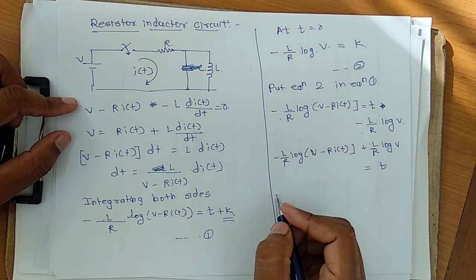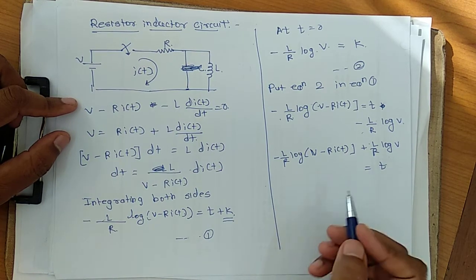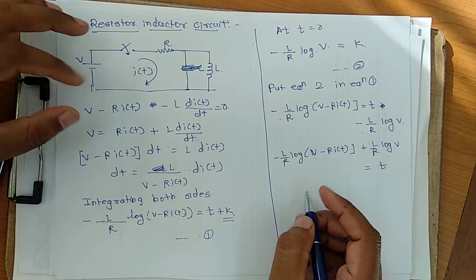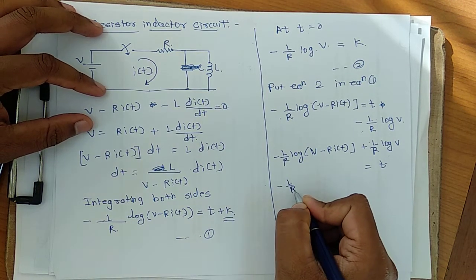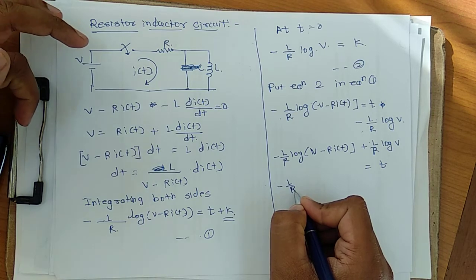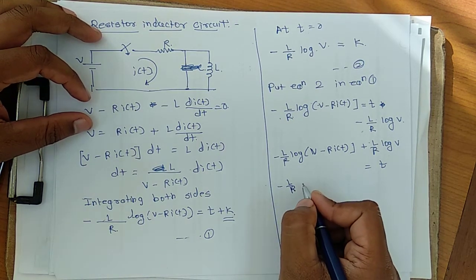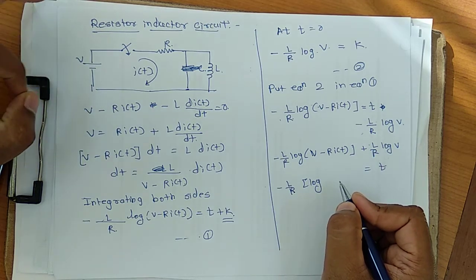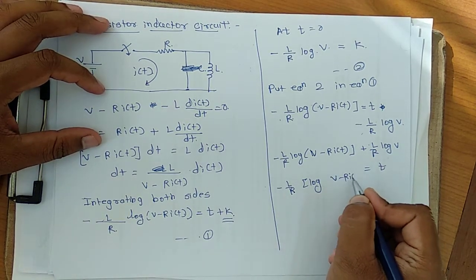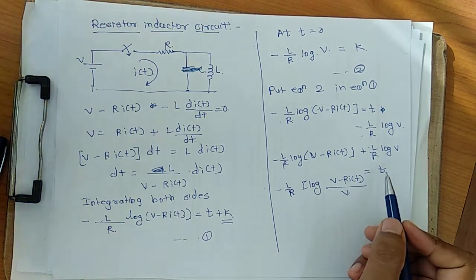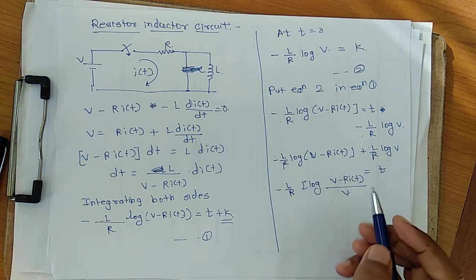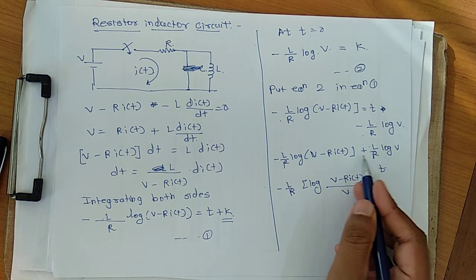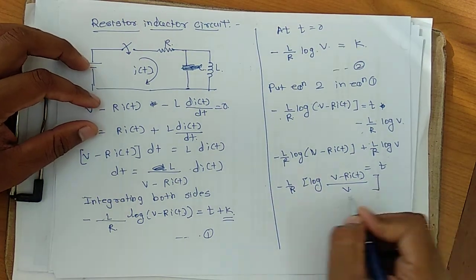If we take the minus sign common, then minus L by R log of V minus R I of t divided by V, because it should be a minus sign between them, so it is like this, and it is equal to t.